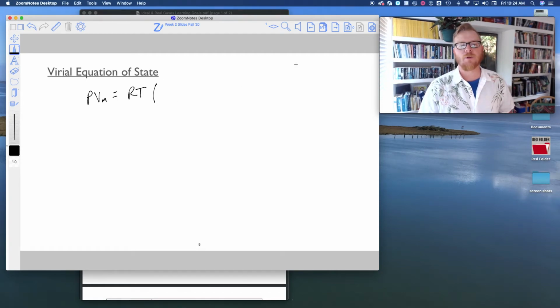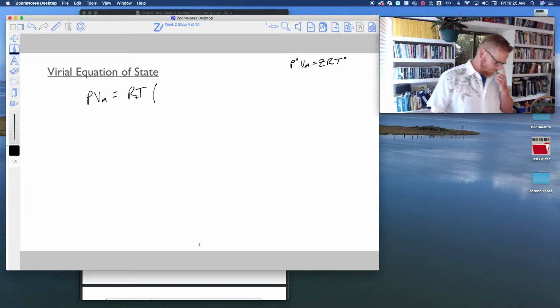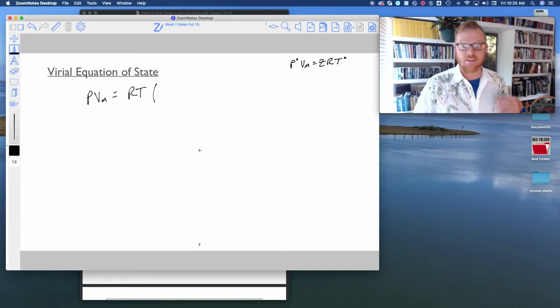And then I'm going to write this up in the corner, just so you remember, P standard Vm equals Z RT. So this was another way of writing the compression factor. So you can see where we're going with this already, right? And I'm going to drop the standard notations here because we are drafting up a new equation of state that's just going to describe whatever the state of this equation is, okay? So PVm equals RT, so you can kind of start to see some similarities, okay?